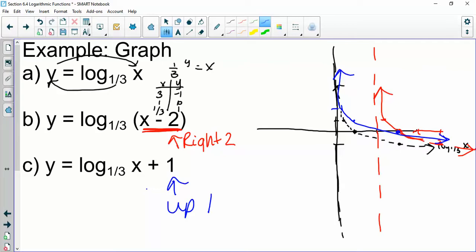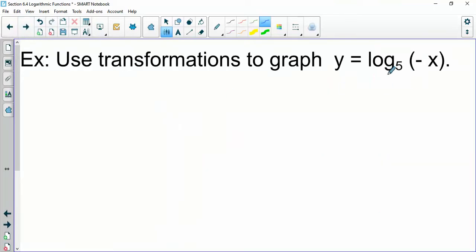Is that one okay? I would like for you guys to try one. So I want you to graph the parent function, and then do your transformation.